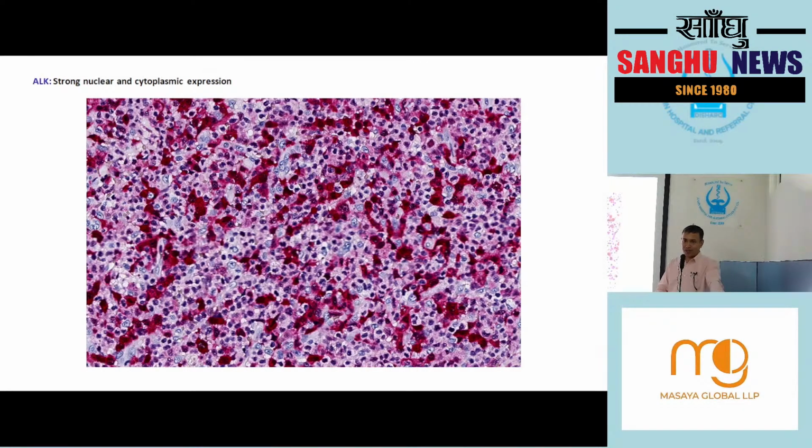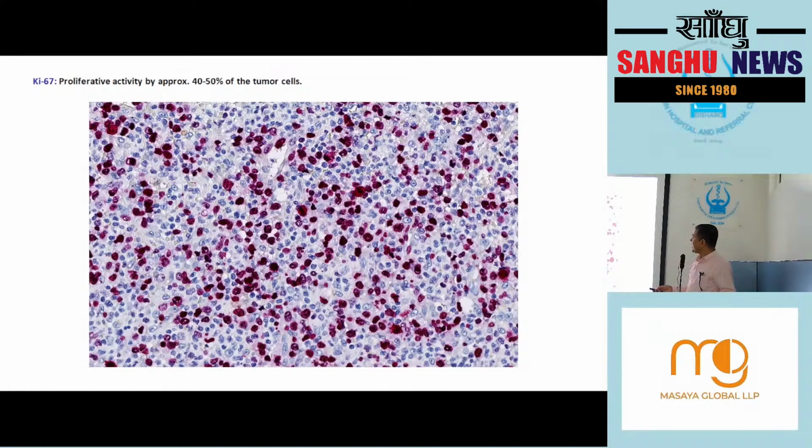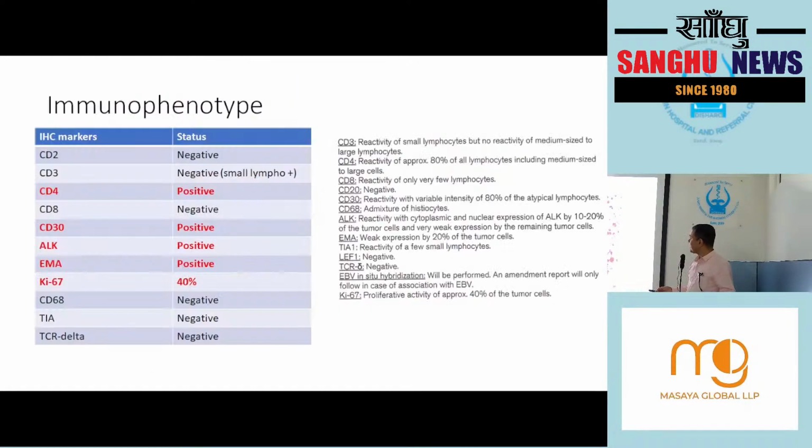ALK positive now. You see, we don't see ALK positive primary tumors in the skin. This cannot be a primary right now. EMA is also positive. You see, beautiful. They have done it well. And Ki-67 is almost 50%.